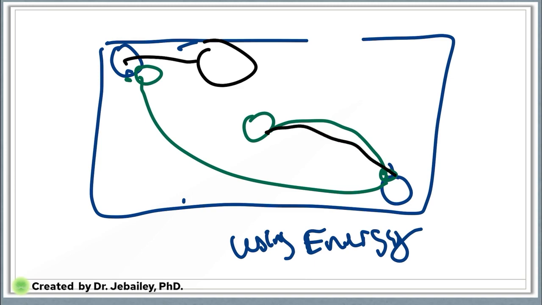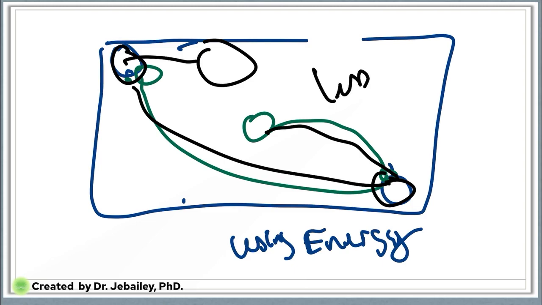Because the enzyme came here, picked you up, dragged you here, and joined you with this guy. So less energy was used to put those two together because the enzyme saved that energy. The enzyme says, why would you move so much, bouncing all around until you collide with this guy, when I can just take you there and connect you with him? So that's the point of an enzyme, to speed it up and to reduce the amount of energy.